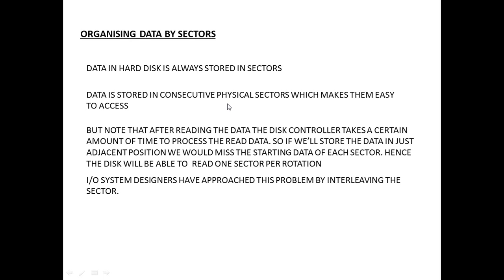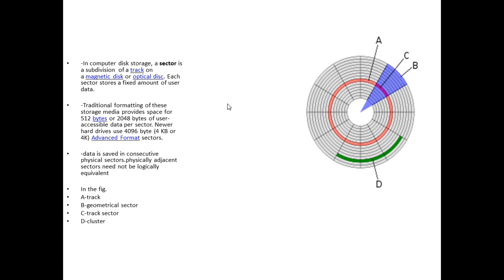But note that after the read write head has finished reading, it needs some time to process. Obviously it is a machine and it needs some time to process also. And suppose we put the data in two consecutive sectors, once it has finished reading a particular sector and moved to the next sector, it contains the same required data, right?